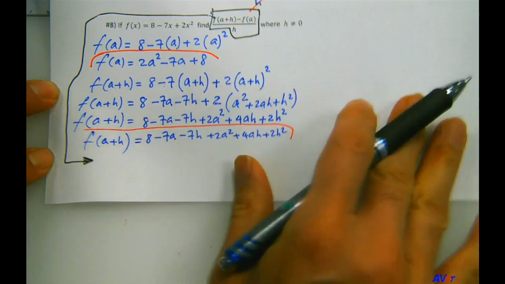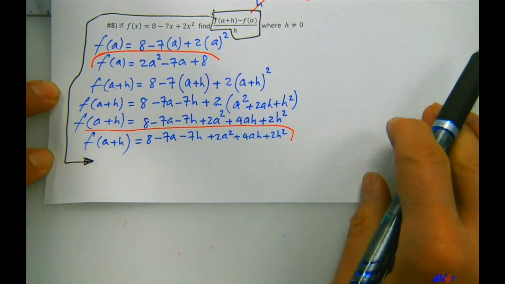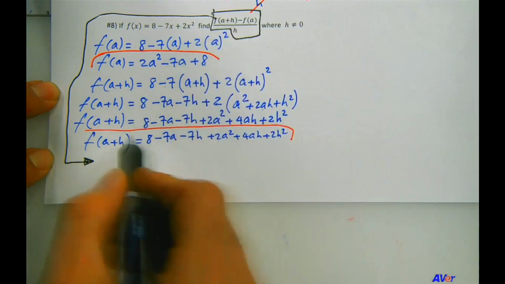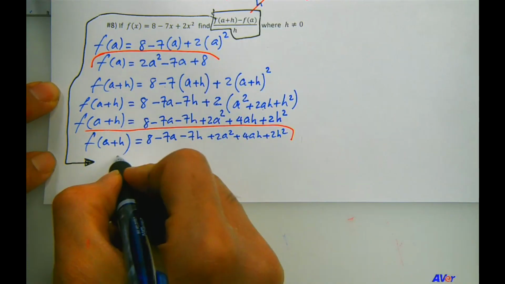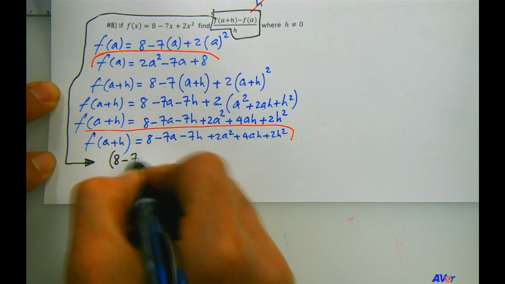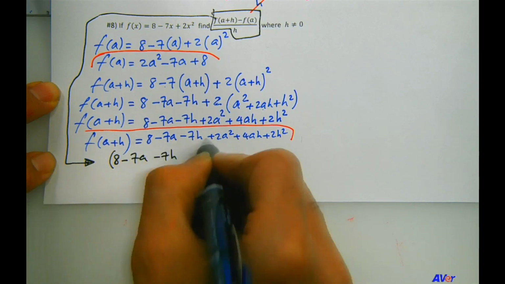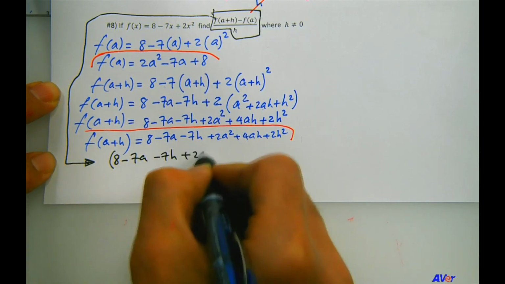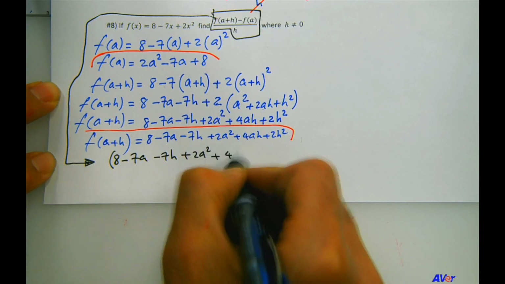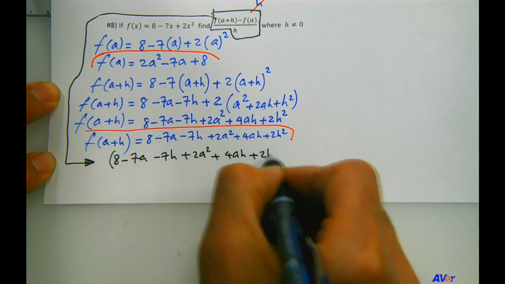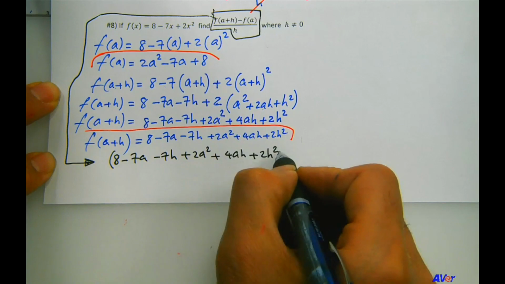So this expression is coming from that. f of a plus h, that's this whole thing: 8 minus 7a minus 7h plus 2a squared plus 4ah plus 2h squared, right?